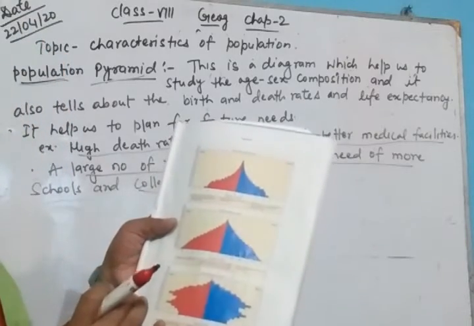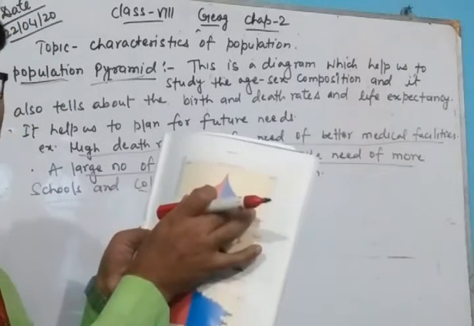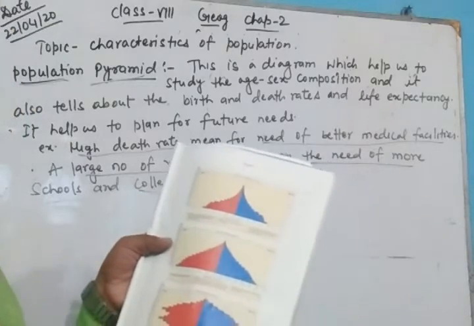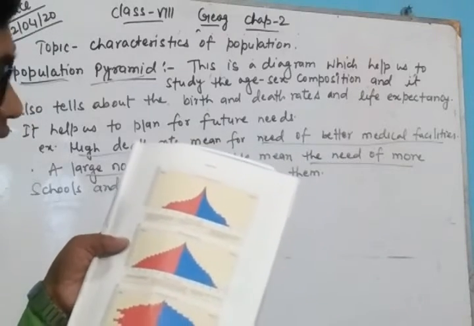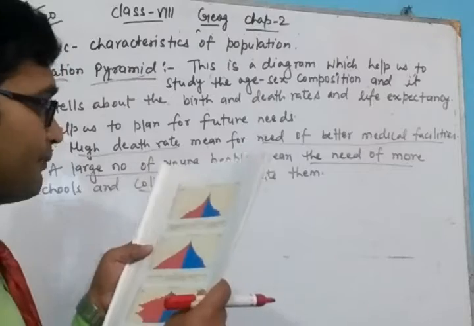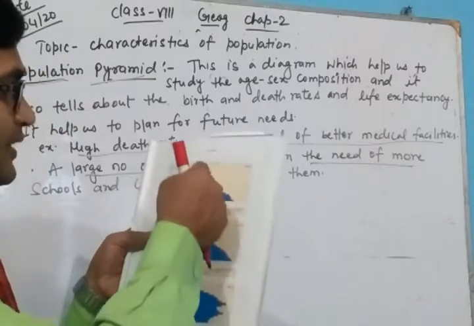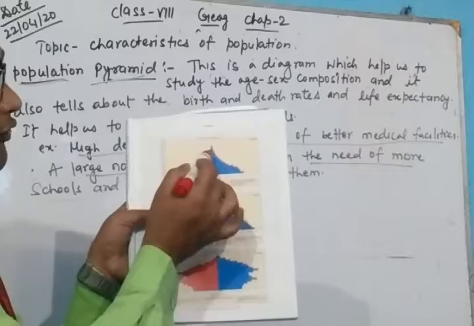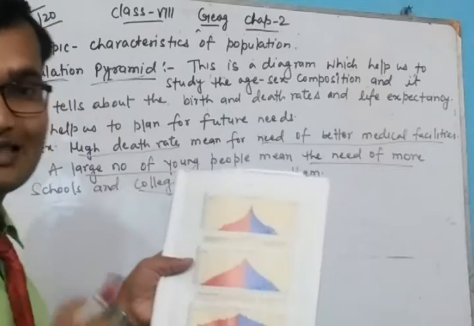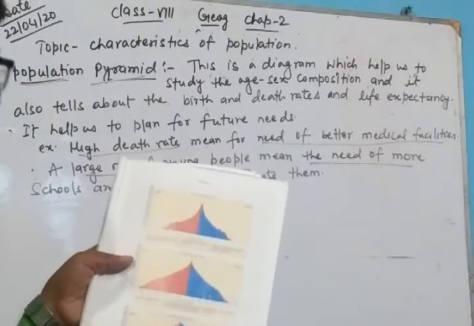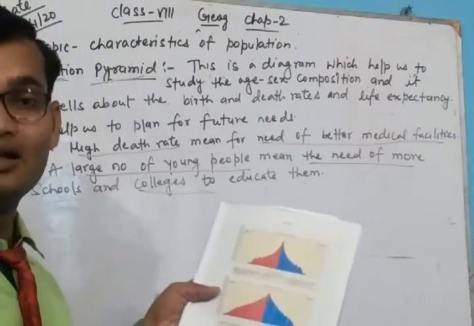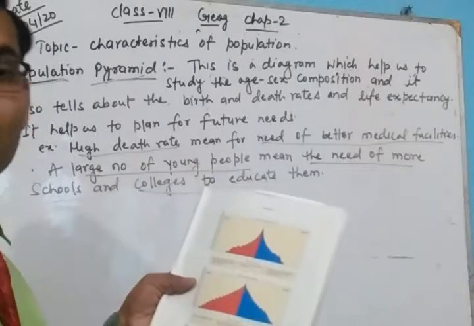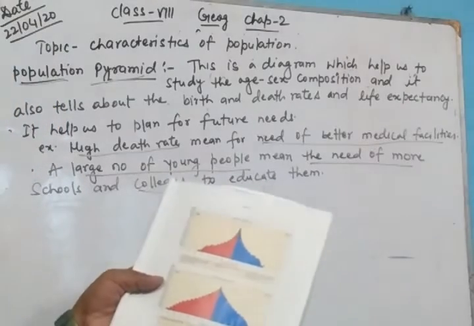The broad base shows the birth rate. When the base is large, it means there are more children. But if we look at the top of the pyramid, it is a very steeply narrowing pyramid. It shows that the number of deaths is very large, meaning the death rate is very high, and people die very fast.